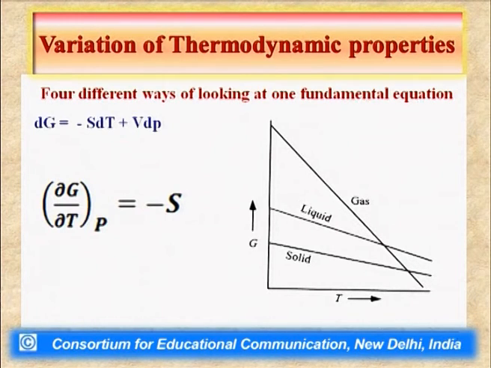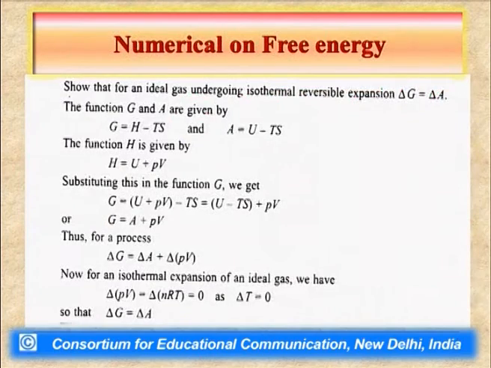It means that Gibbs free energy for gases decreases very sharply with increase in temperature. On the other hand, Gibbs free energy also decreases with temperature for liquids and solids, but the decrease is not as sharp as for gases.